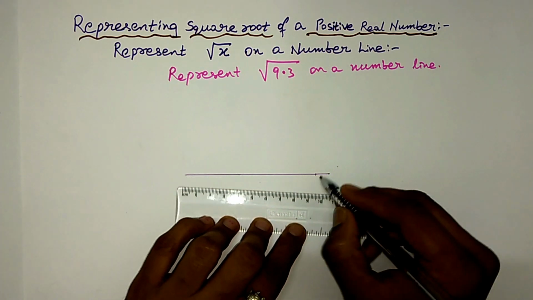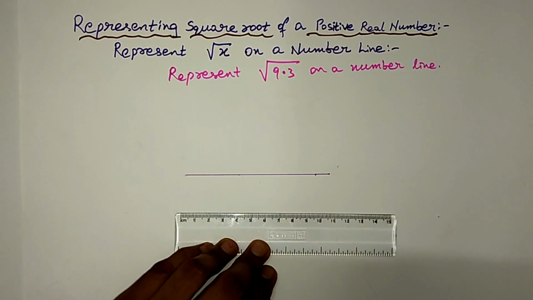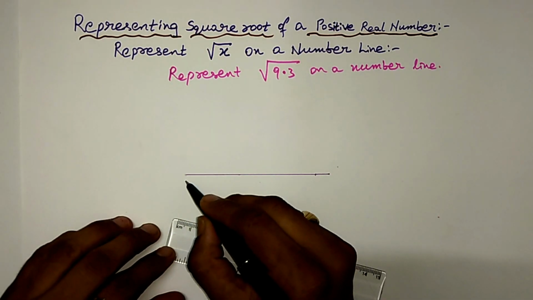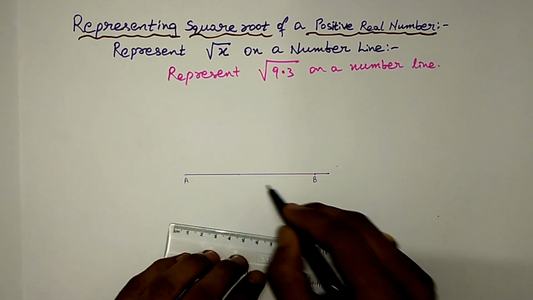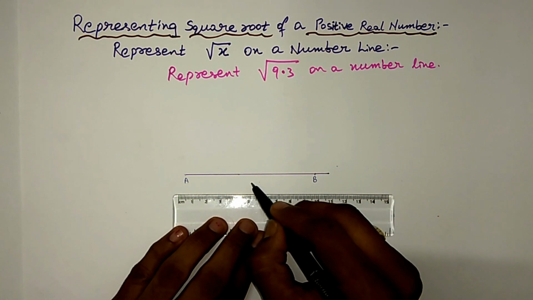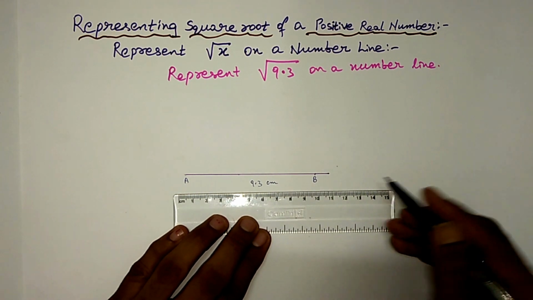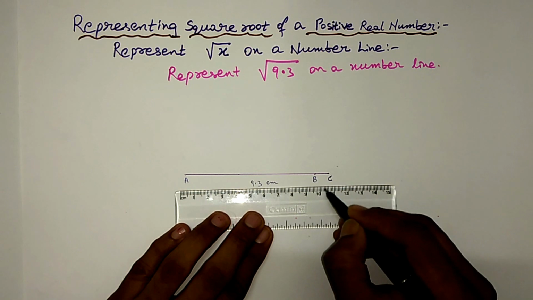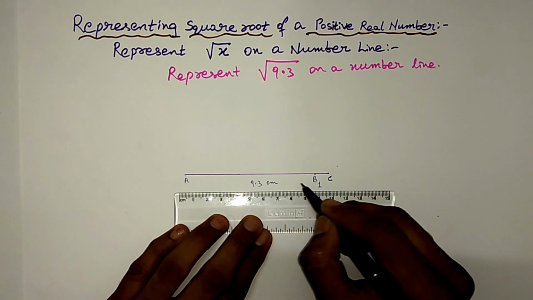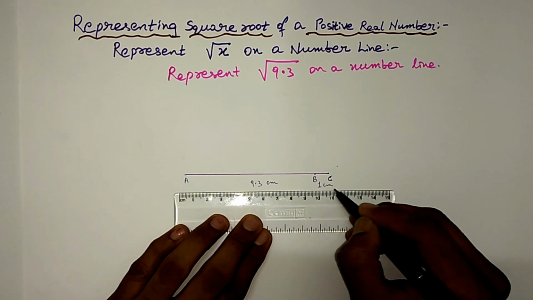We have line segment AB, which is 9.3 centimeters or units, and BC, extended by 1 more centimeter.